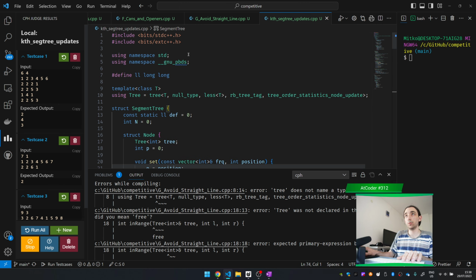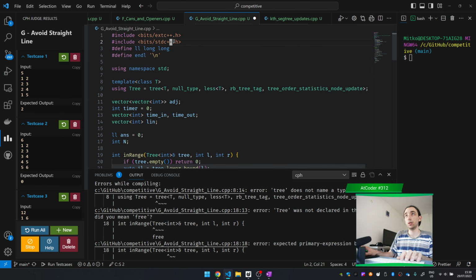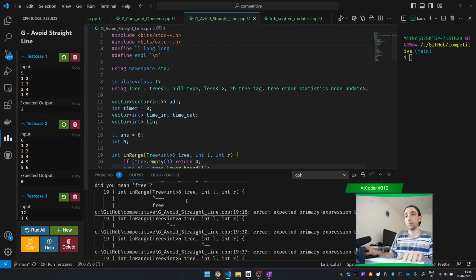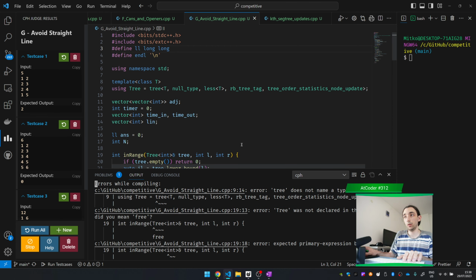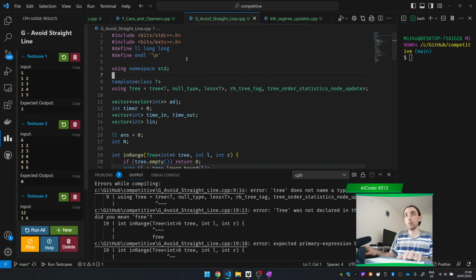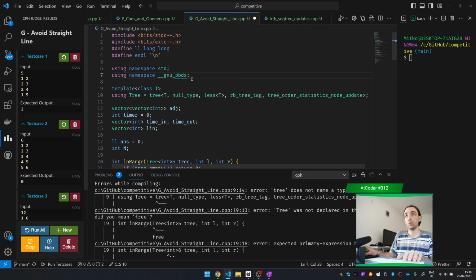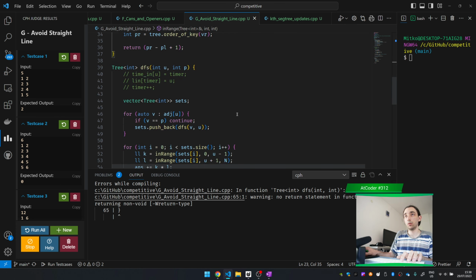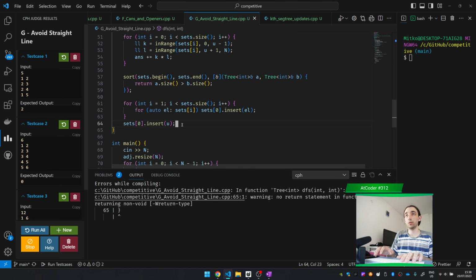You need maybe to import something. Okay. Tree doesn't have a type. But there's no return statement.